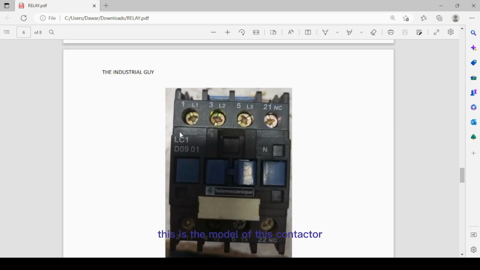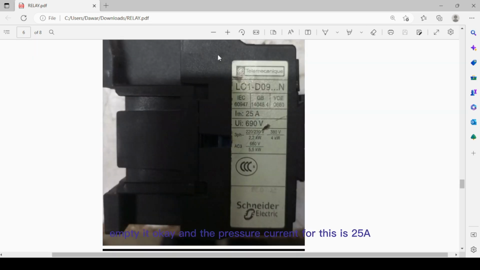This is the model of this contactor, the model number LC1 90901, and this is the ratings nameplate. The threshold current for this is 25 amps. If you are working on single phase voltages 220 to 230 volt, the contactor will give a performance of 2.2 kilowatt.